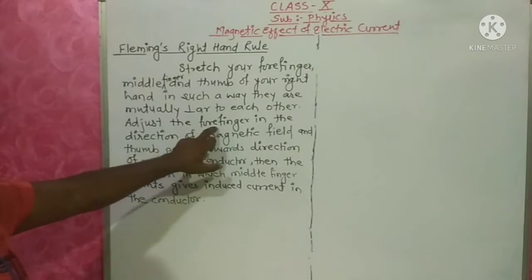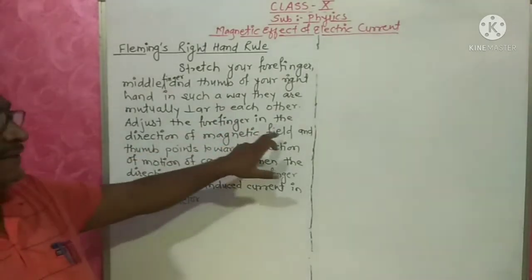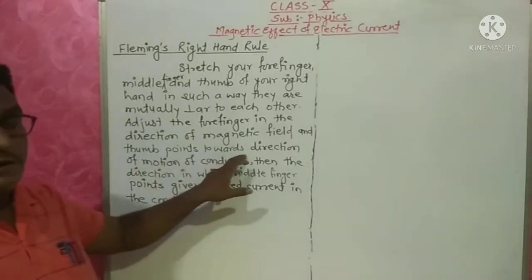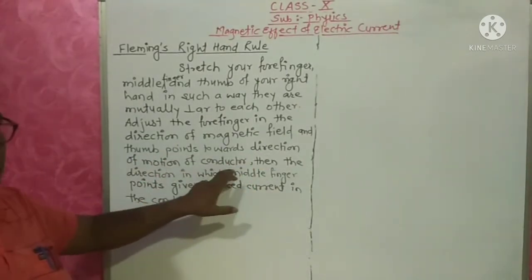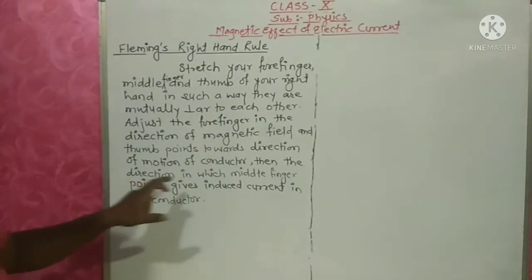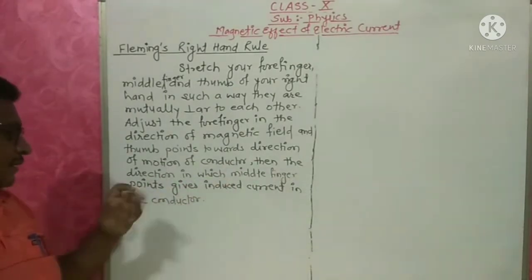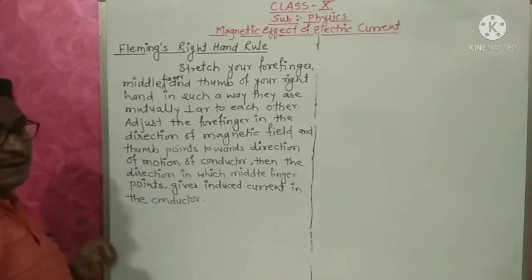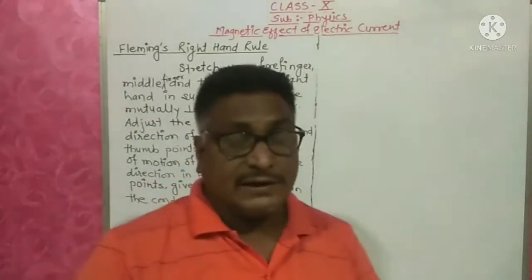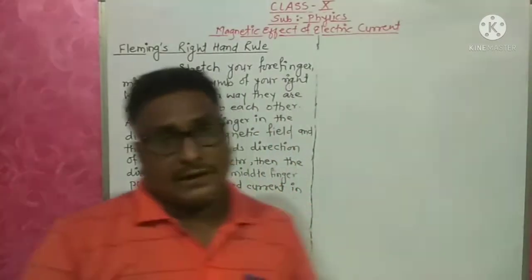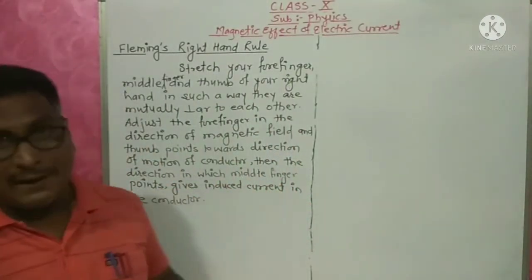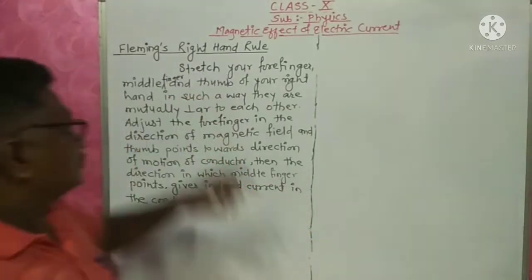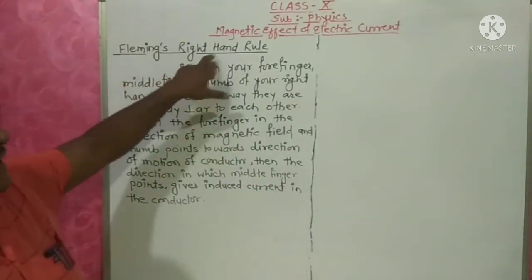Adjust the forefinger in the direction of magnetic field and thumb points towards the direction of motion of conductor. Then the direction in which the middle finger points gives the induced current in the conductor. Whatever current is generated, its direction is given by the middle finger. This statement is called Fleming's right hand rule.